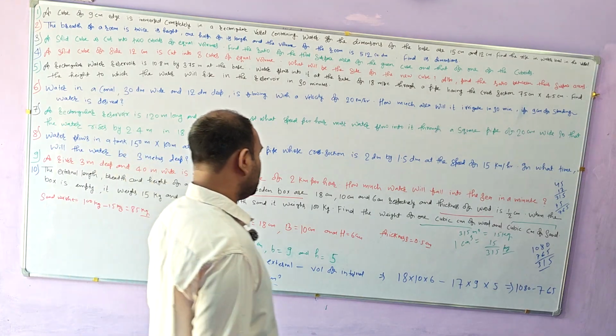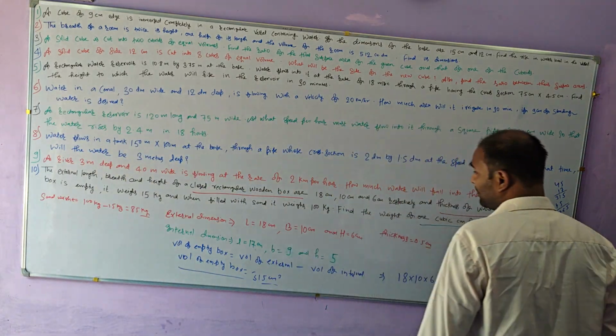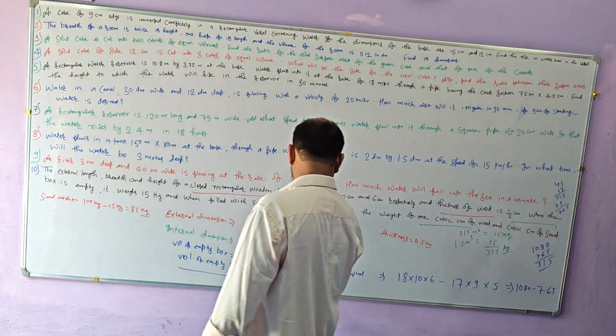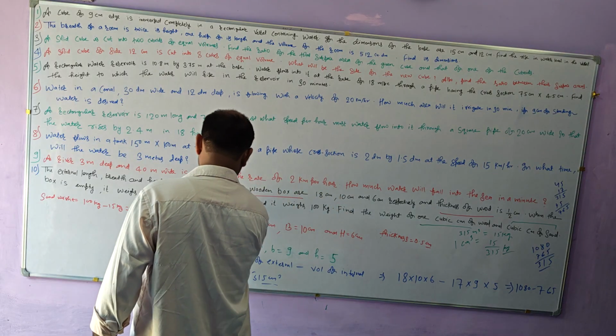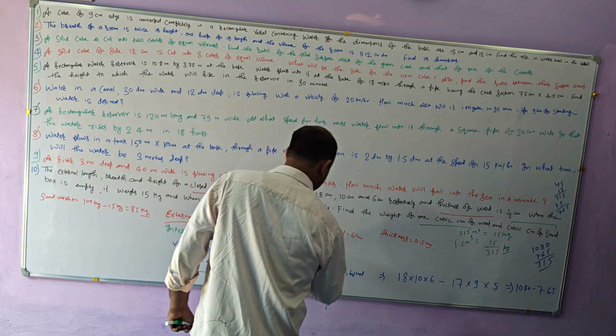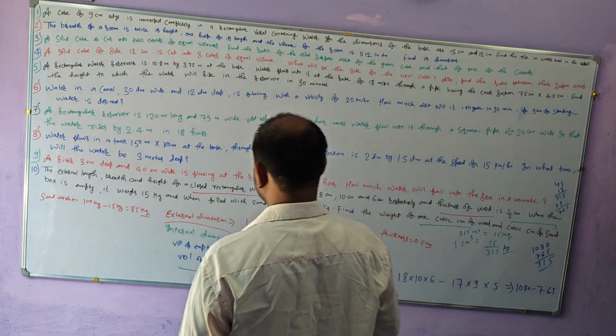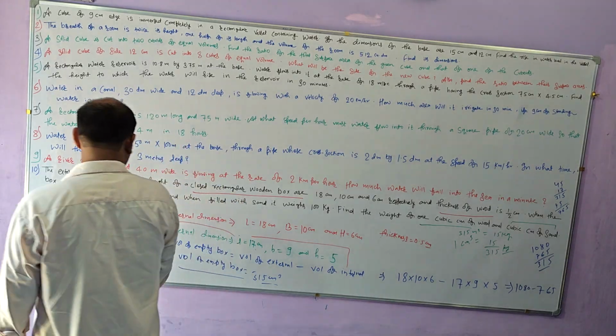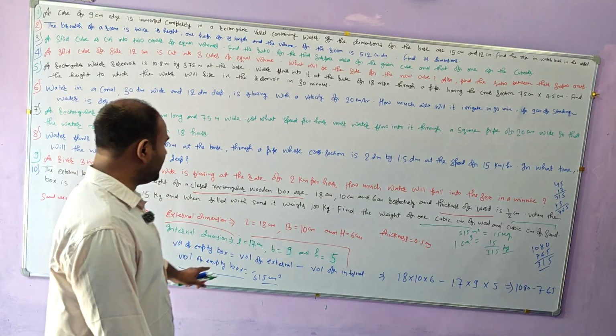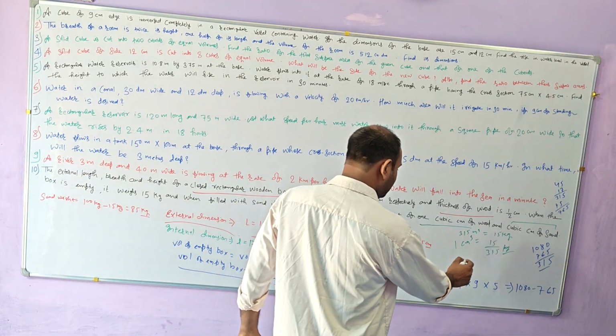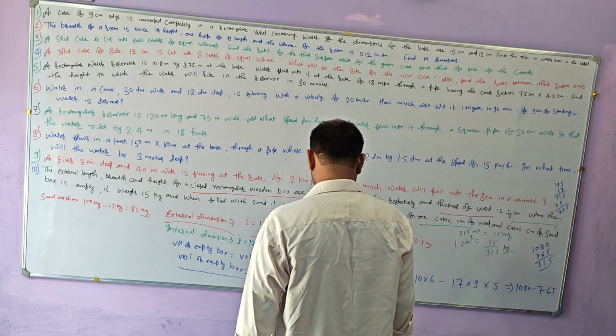And sand is stored in the internal dimension, that is, inside the box. So we need to consider the internal volume, that is 765.